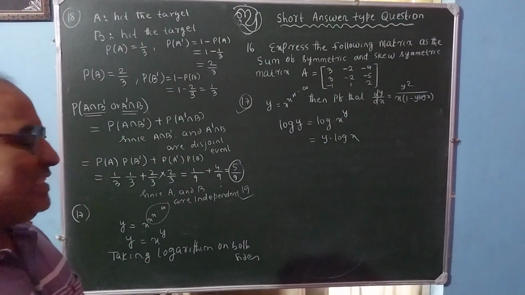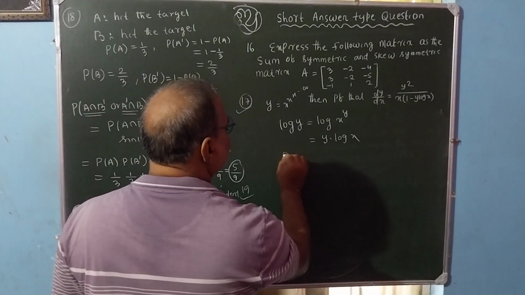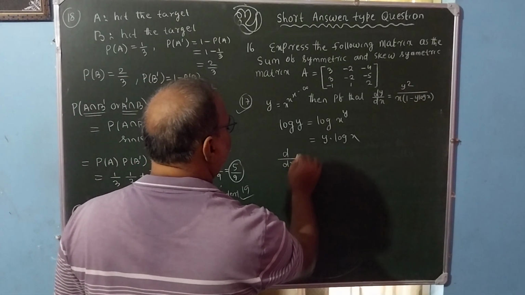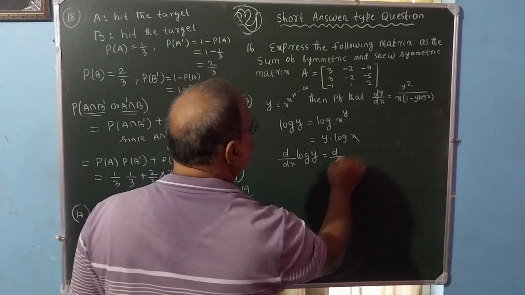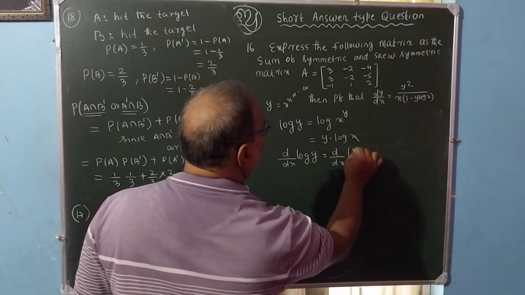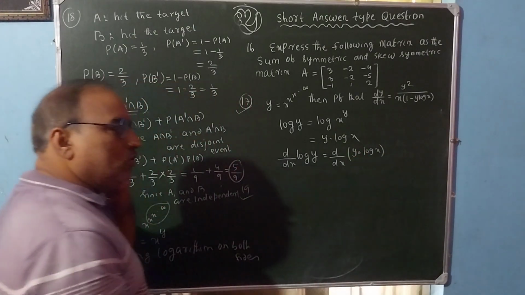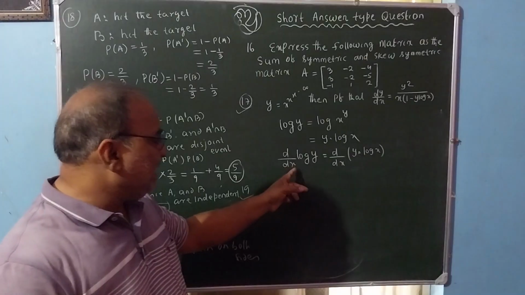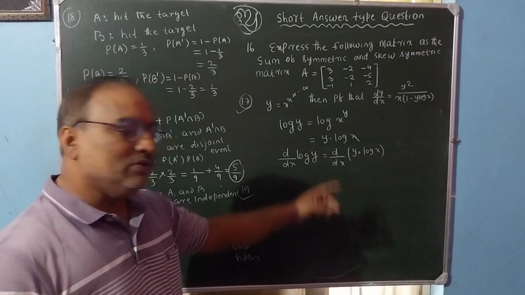So this is the implicit function, differentiating on both sides with respect to x. d/dx of log y, d/dx of y into log x. Here it is x, here it is y.